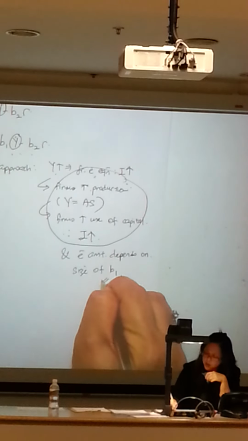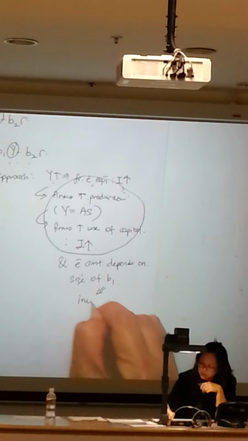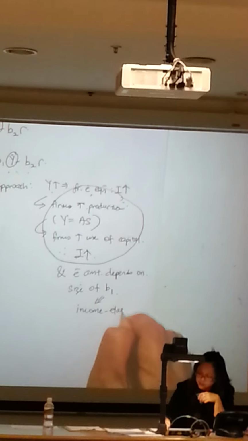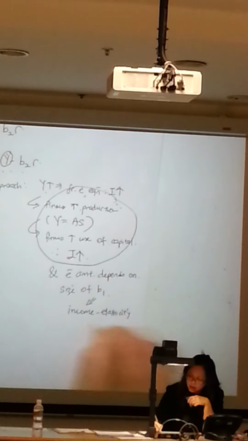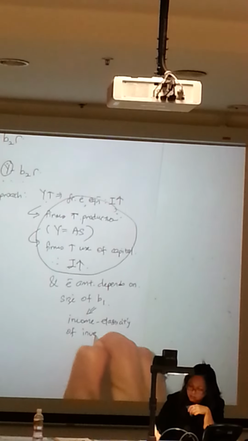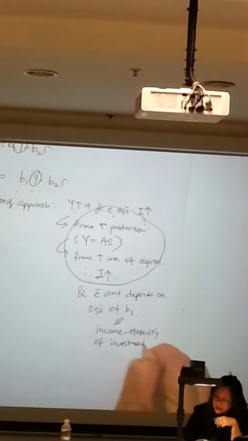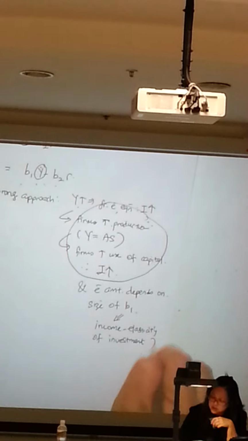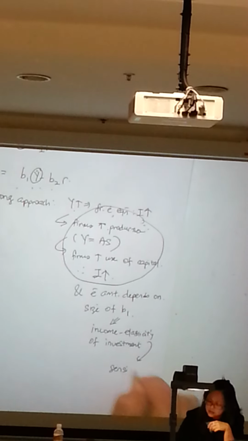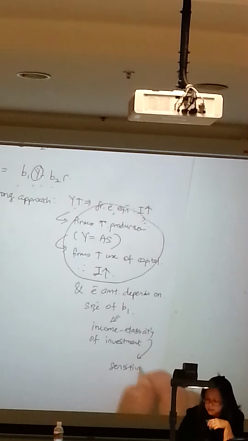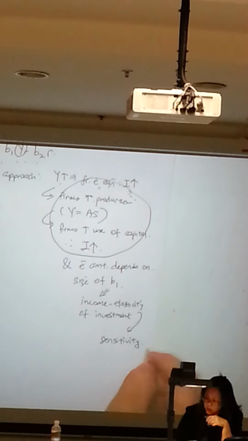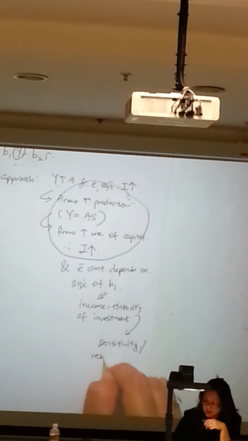Okay, it has a name, very mouthful. Income elasticity of investment. If you don't like the word elasticity, you can use the word sensitivity. Sensitivity. They all mean the same. You don't want sensitivity, you can say responsiveness.